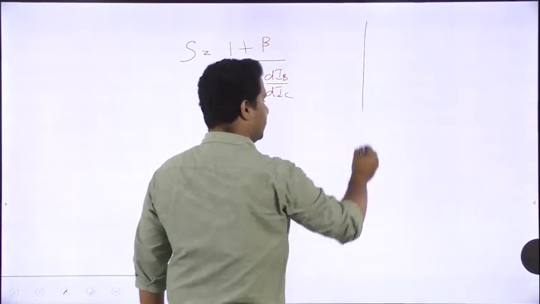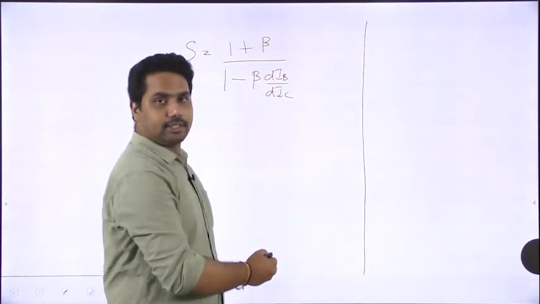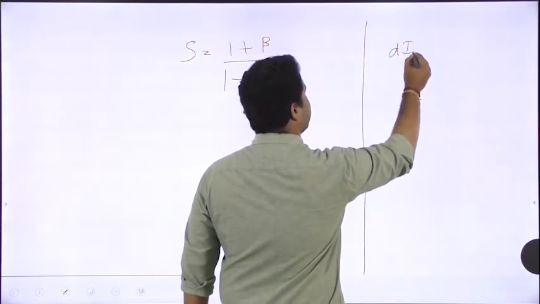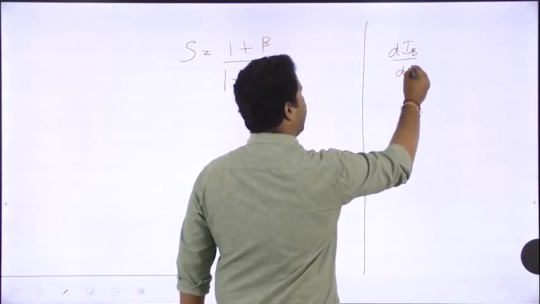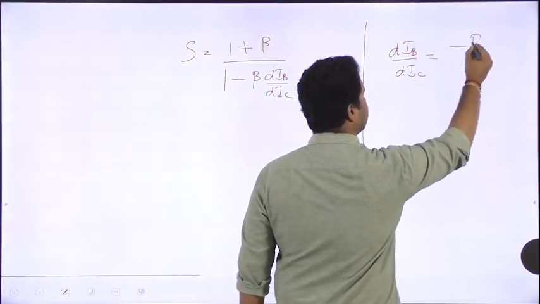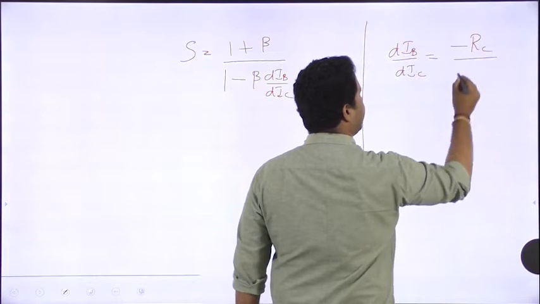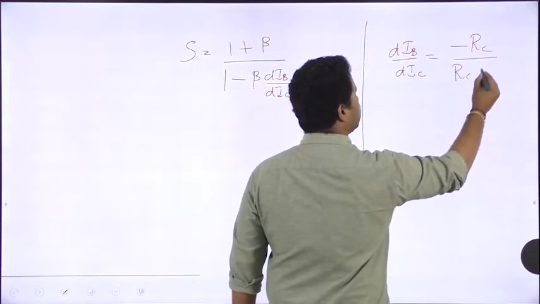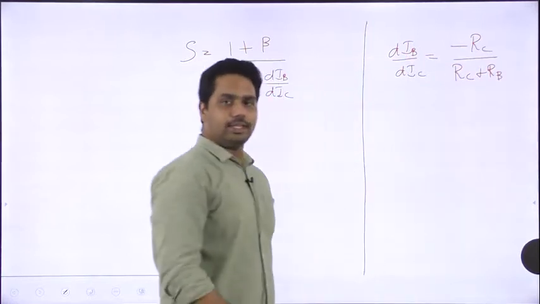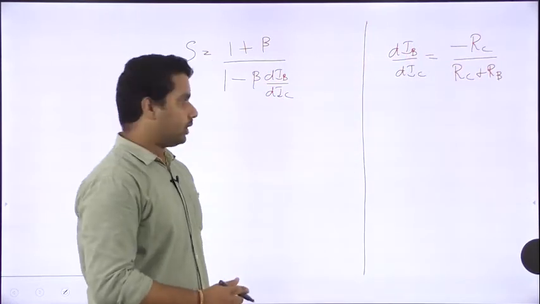In this case, for this biasing, we got DIB by DIC equal to minus RC divided by RC plus RB. This is the collector to base feedback we are talking about.